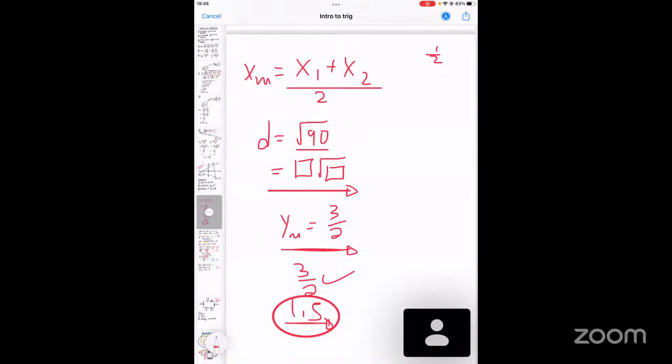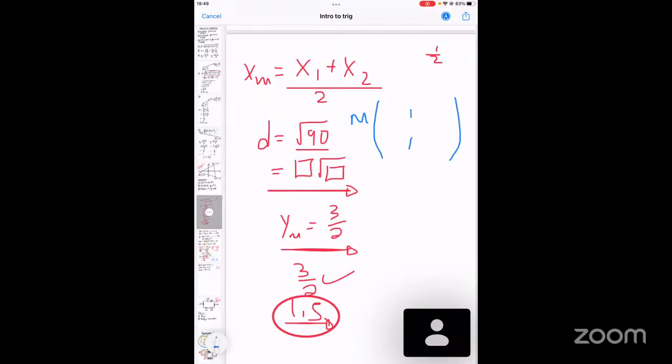Okay, let me check another one. Is this the second submission? Okay, this one they did. I see this one used the formula for the gradient where they say m, and then they use that one.